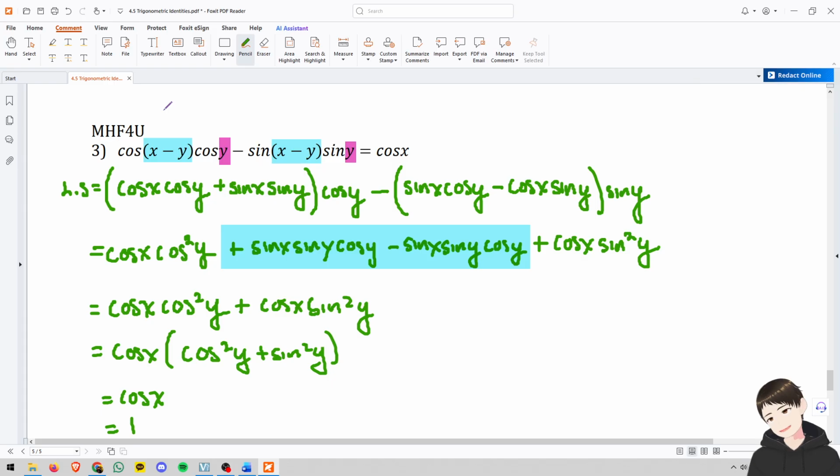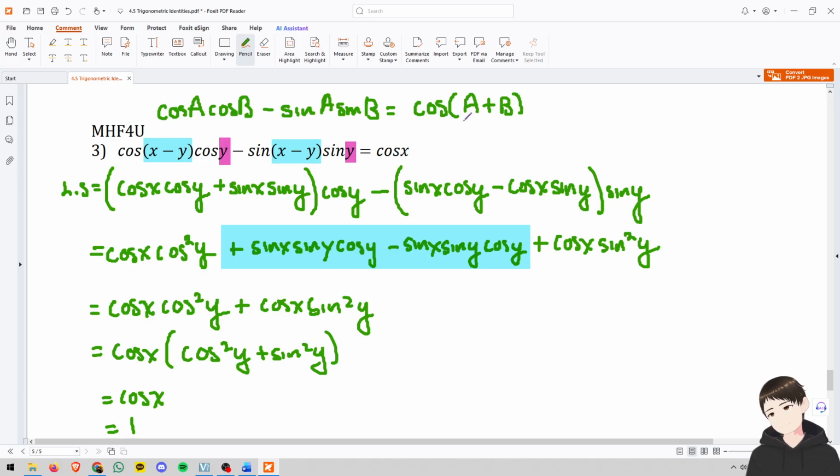The left side is actually a form of cos A cos B minus sine A sine B. Where have you seen that formula before? This is the expanded form of the compound angle formula cos(A plus B). So what's A? x minus y. What's B? y. The left side is actually equal to cos of (x minus y plus y).